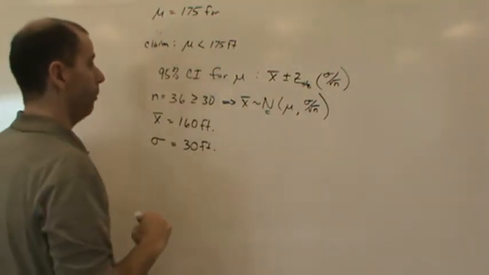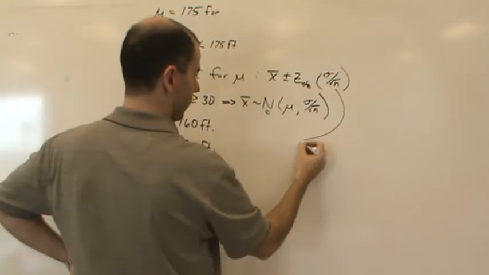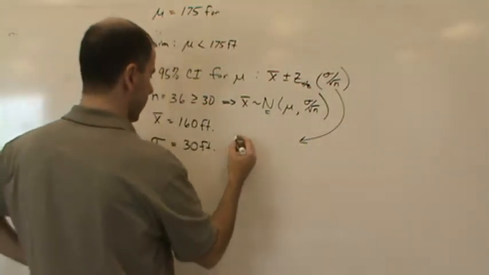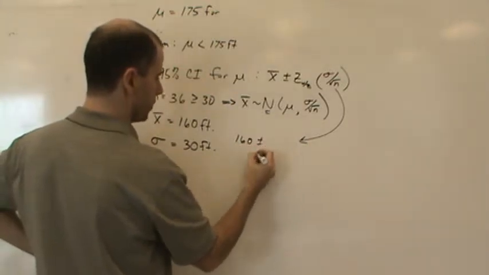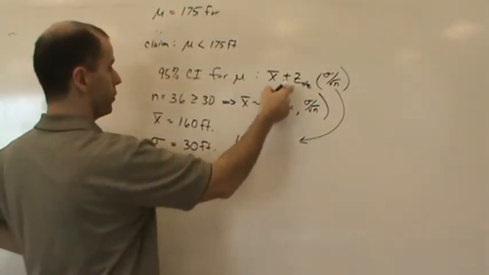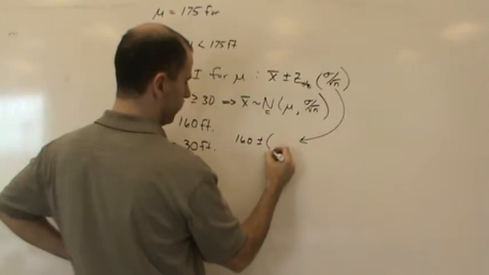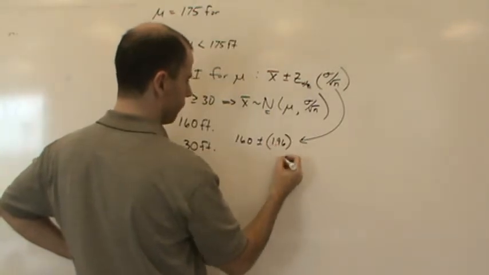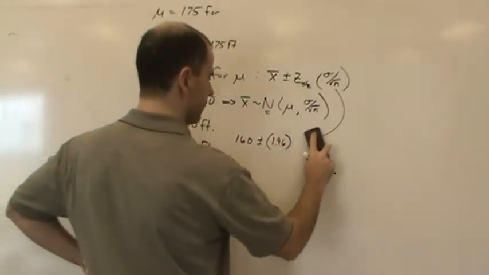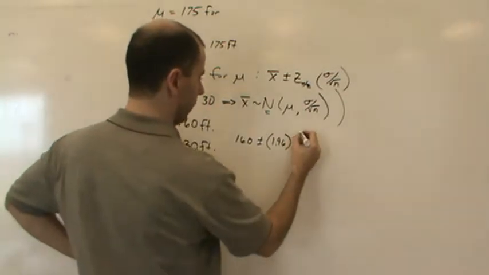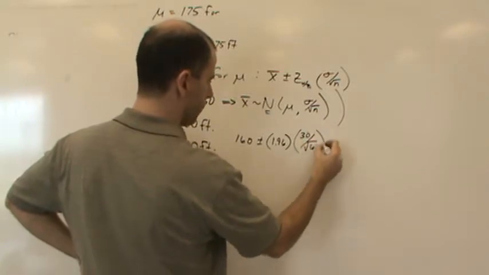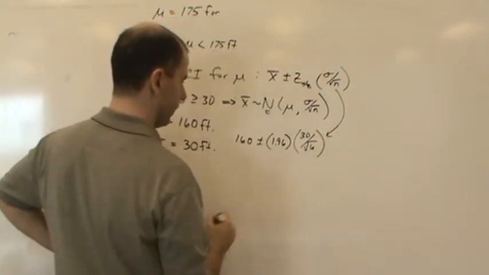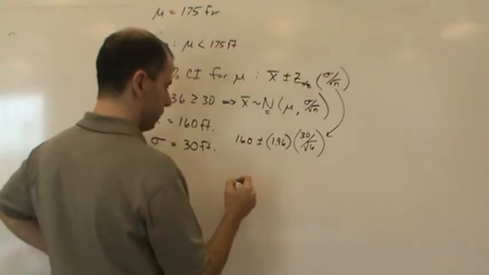And so now, what do we get? Well, our x bar is 160, so 160 plus or minus, our z alpha over 2 for a 95% confidence interval is 1.96. And our standard deviation is going to be 30 divided by the square root of 36, and this whole thing becomes 5.